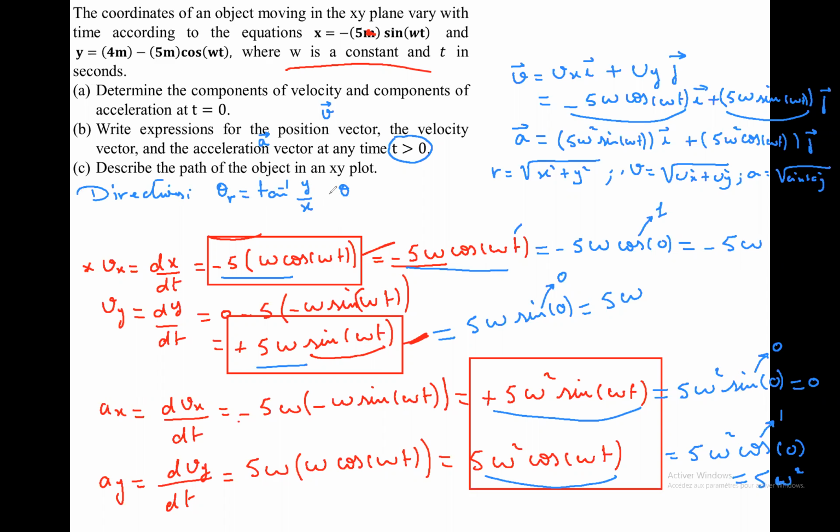The angle of the velocity vector equal tangent minus 1 of vy over vx. If I ask you to calculate the direction of the acceleration, theta of the acceleration equal tangent minus 1 of the y component over the x component. That's all. Thank you.